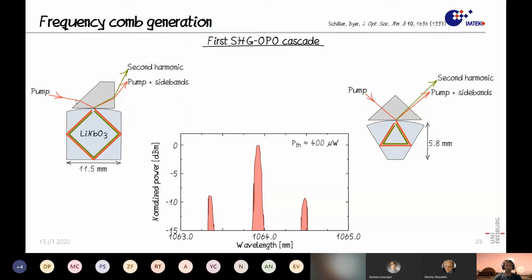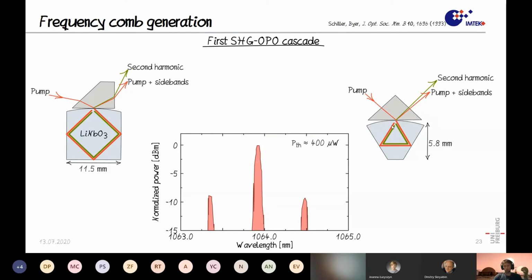You launch the 1 micrometer pump light into it, and then you have 4 total internal reflections: on the right side, the bottom, the left side, and the top. It was a monolithic resonator, totally based on total reflection. So it was already very, very close to whispering galleries.